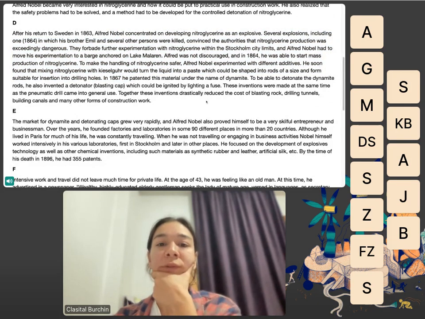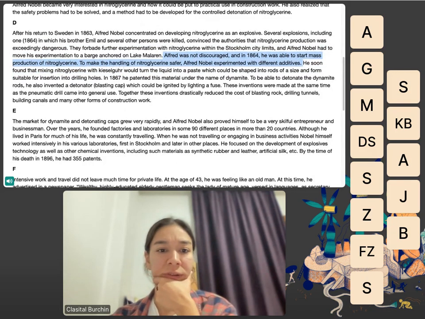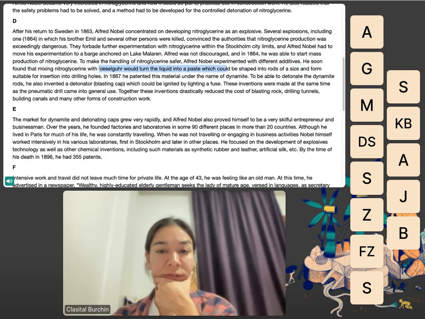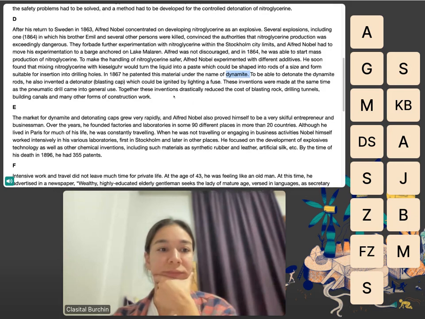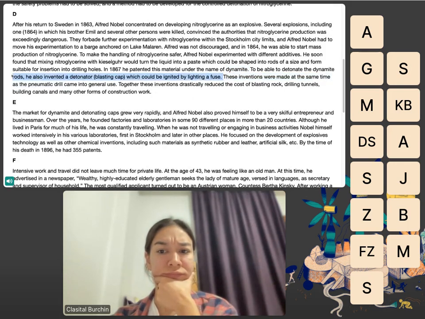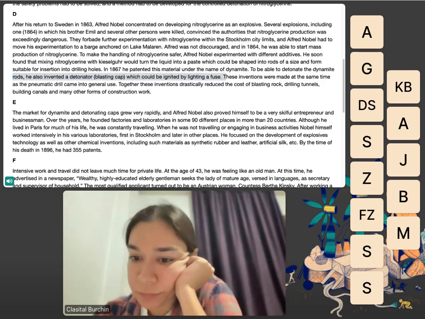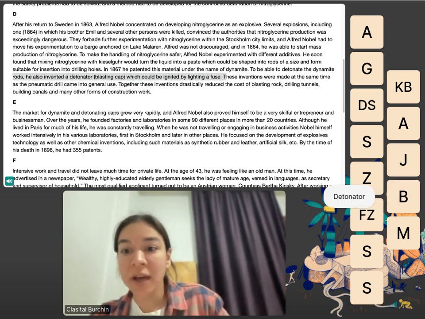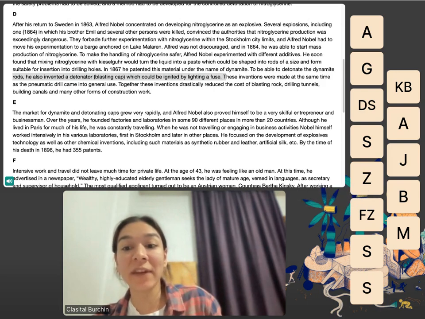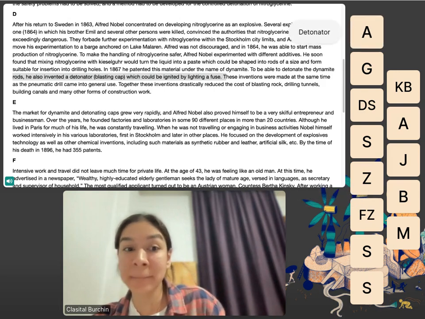Different additives. Now we have the dynamite. It says Nobel invented dynamite along with something.